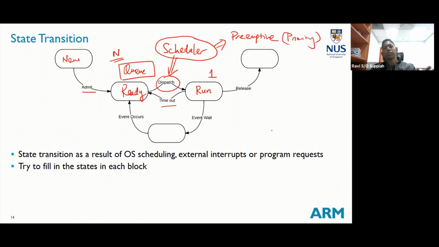For most general purpose OS, like your desktop OS and so on, they use a different type of scheduling policy known as cooperative. Cooperative scheduling policy means you have more or less a fixed time slice approach.